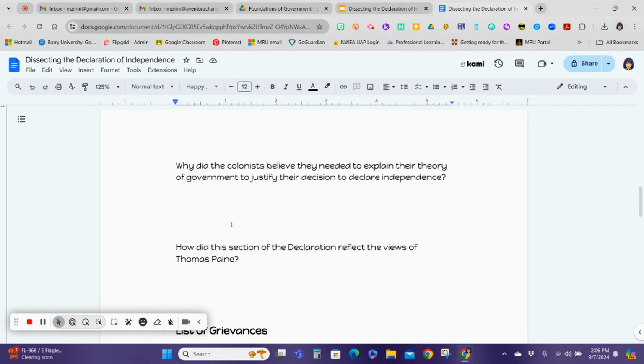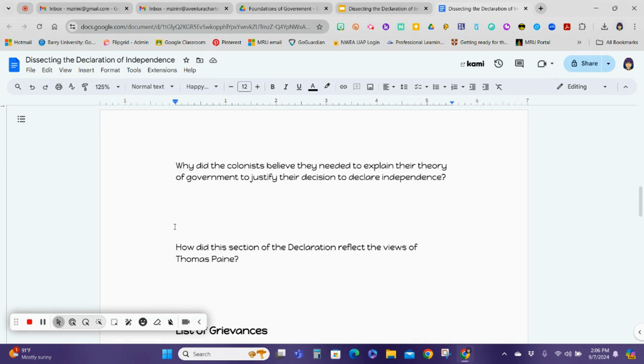This particular section from the Declaration of Independence is seen within the views of Thomas Paine, because that's exactly what he wrote in his pamphlet of Common Sense. When he wrote Common Sense to try and persuade the colonists to join together to separate from Britain, that's exactly what he was saying in his pamphlet.